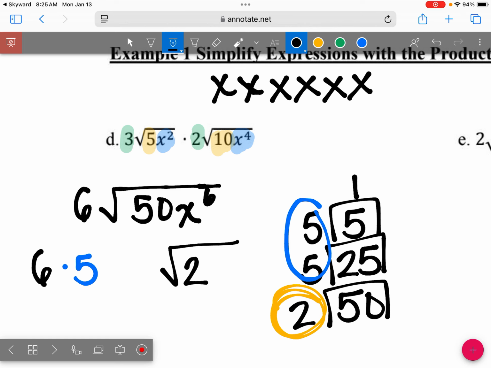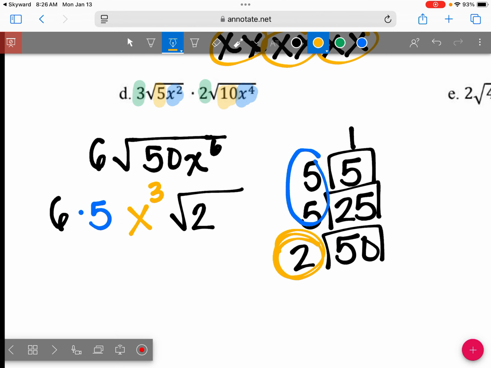Show me with your fingers, if you have 6 people, how many pairs can you make with 6 people? Yep, 3. 1, 2, 3. Do we have any left out? Anybody left? Nope. So we have x to the 3rd on the outside.